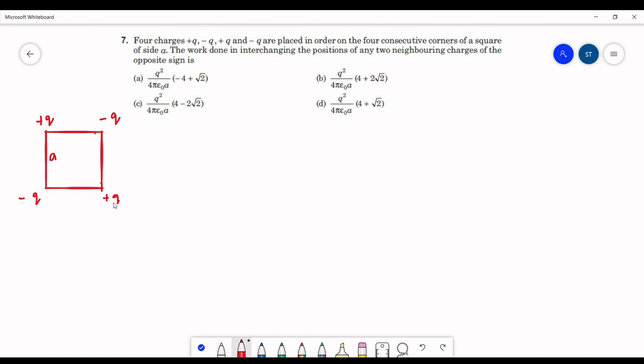Let us assume we are going to interchange these two neighboring charges of opposite sign. Then the final case will be plus q. Here we are interchanging this, so this will be again plus q, minus q and minus q.